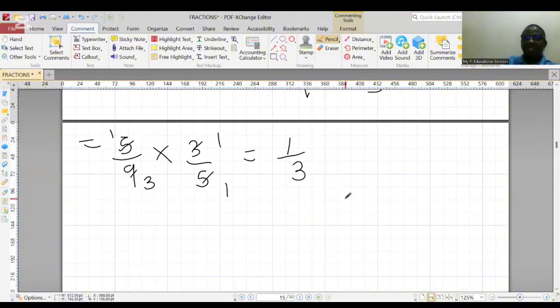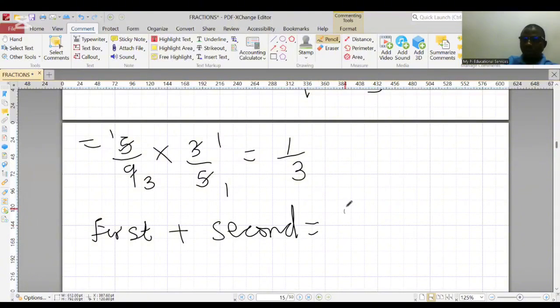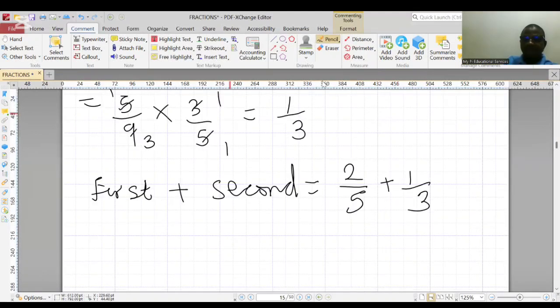Now let's see the total number of sweets received by the first and the second girl. First plus second will give us 2 out of 5 plus 1 out of 3. Let's find the LCM of the fractions.